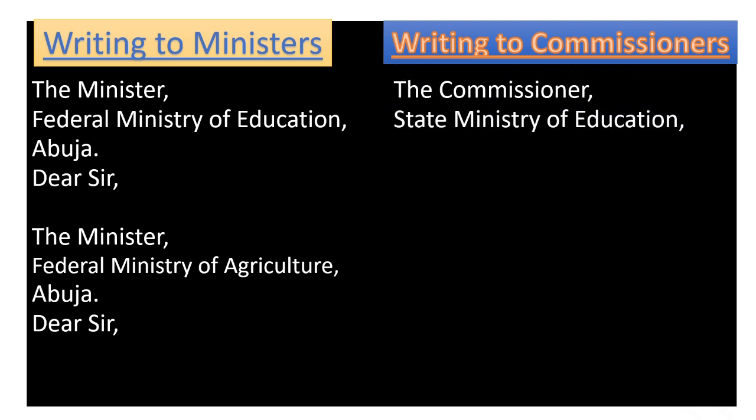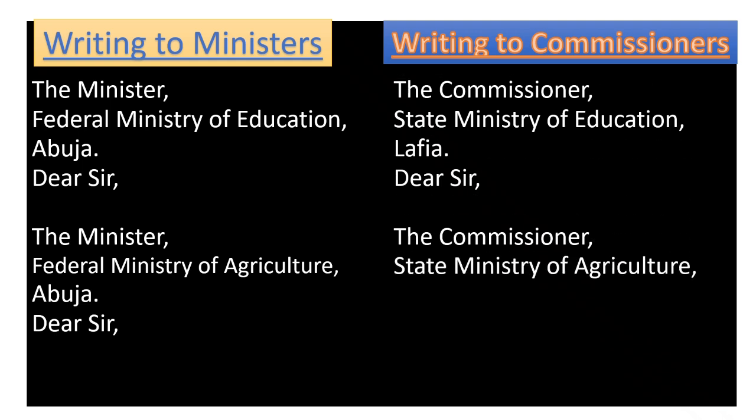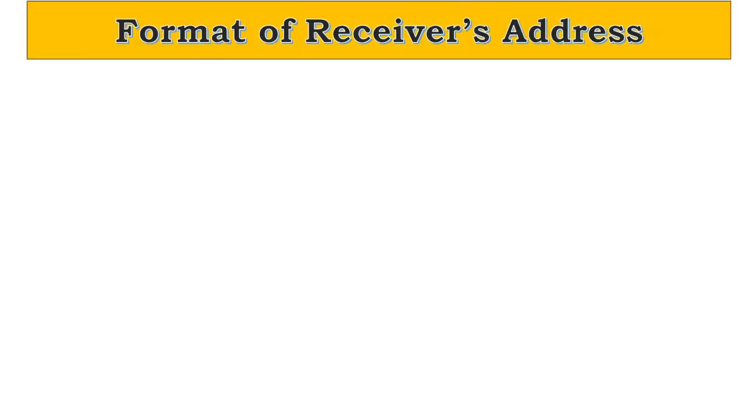If you're writing to the Commissioner of Education, write the Commissioner, State Ministry of Education, then you put the state capital there. Let's say Lafia, then dear sir. If you're writing to the Commissioner of Agriculture, write the Commissioner. The next line, State Ministry of Agriculture, then the state capital, let's say Kaduna, then you write the salutation. You can also write to the Inspector General of Police.